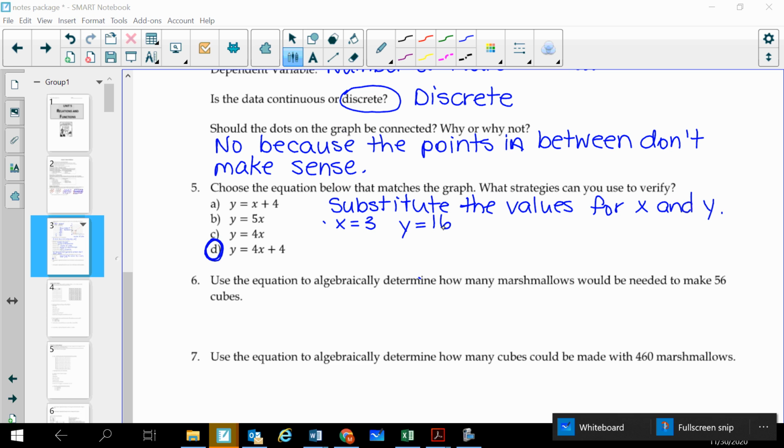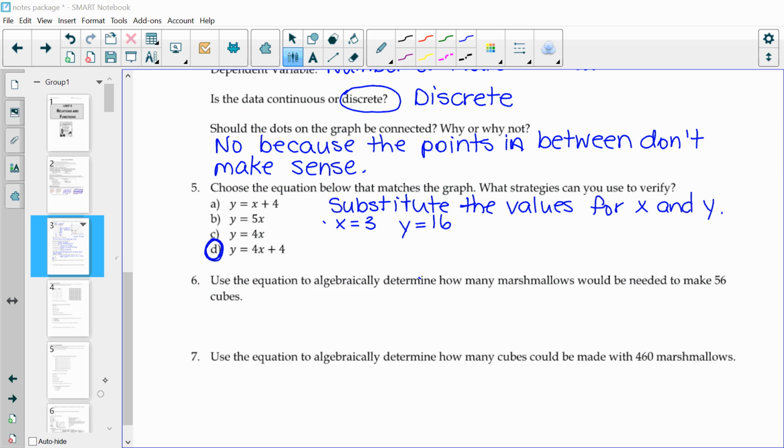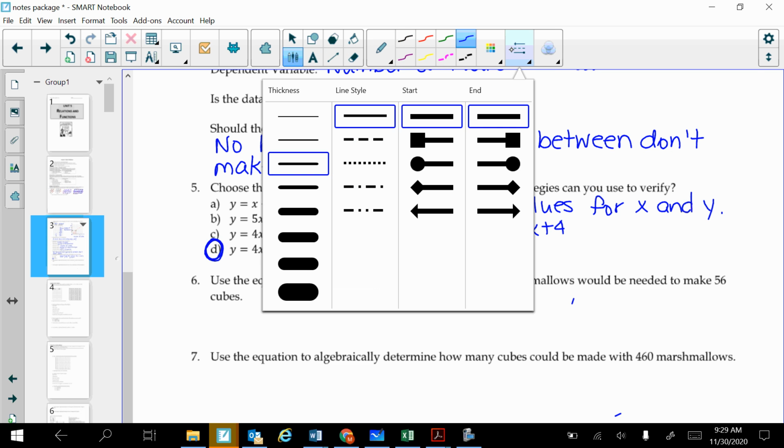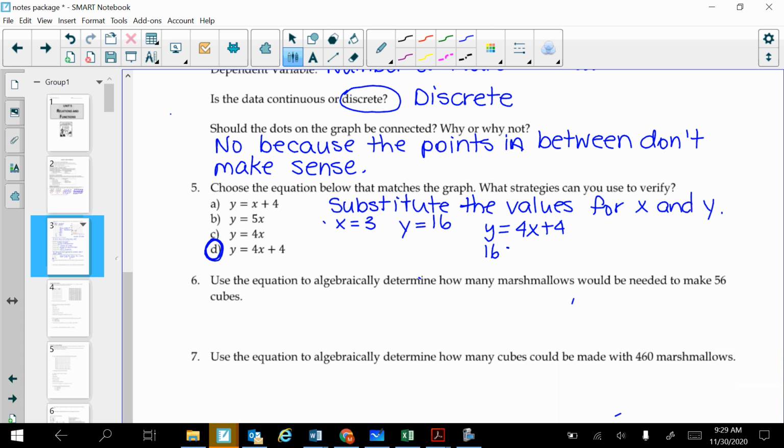Let's substitute into the equation. My equation is y equals 4x plus 4. Now I'm going to put in my values. 16 equals 4 times 3 plus 4. 16 equals 12 plus 4, which indeed makes sense. So that equation is going to work.